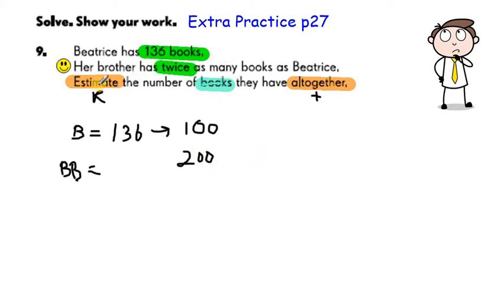And now I've done my estimate. Now I need to add it. Please notice how the ones are lined up, the tens are lined up, and the hundreds are lined up. And when I add that up, I know you already know the answer, and the answer is 300.